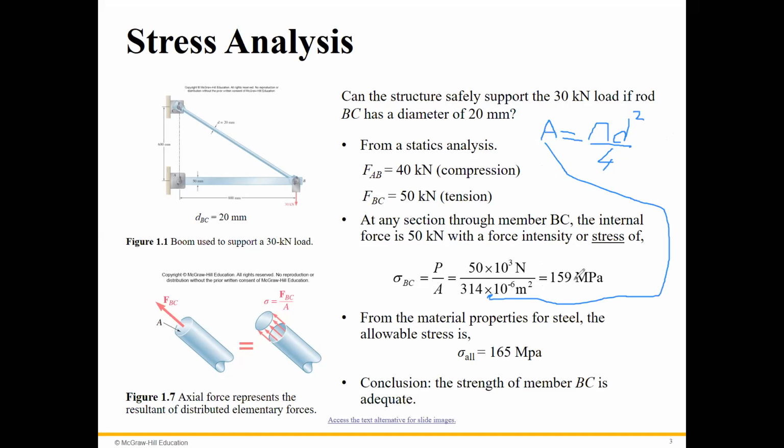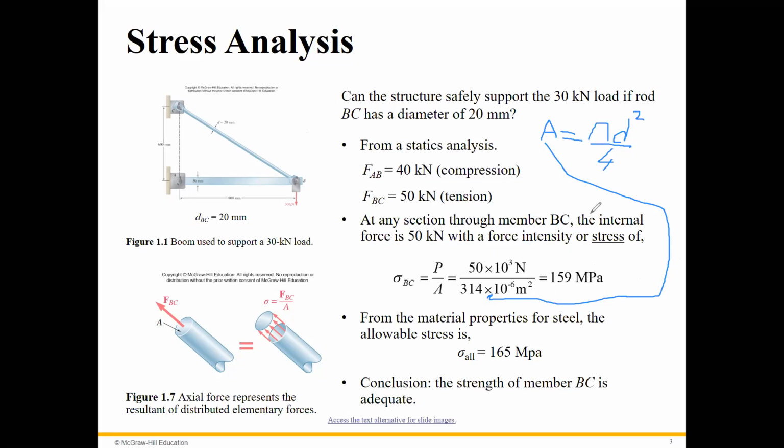Let me say something first of all. Newton per meter squared would be Pascal, right? And megapascal would be 10 to the 6 Pascal, right? Kilopascal would be 10 to the 3 Pascal, megapascal would be 10 to the 6.